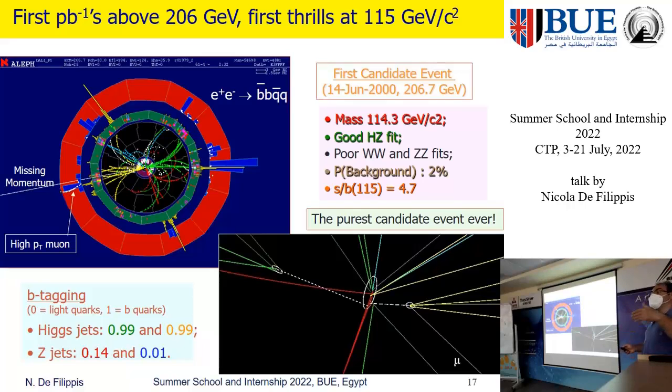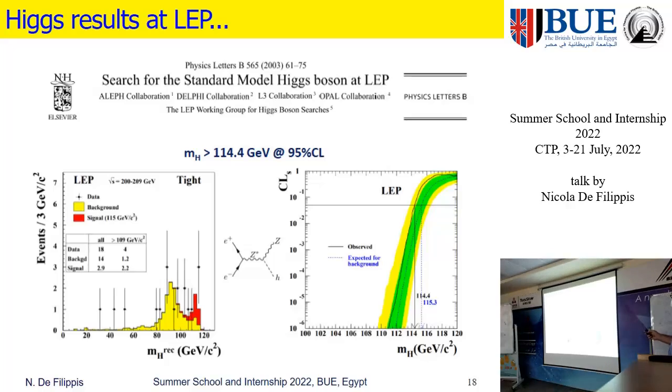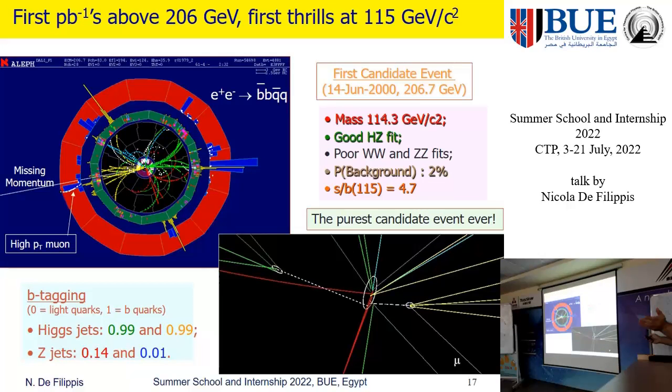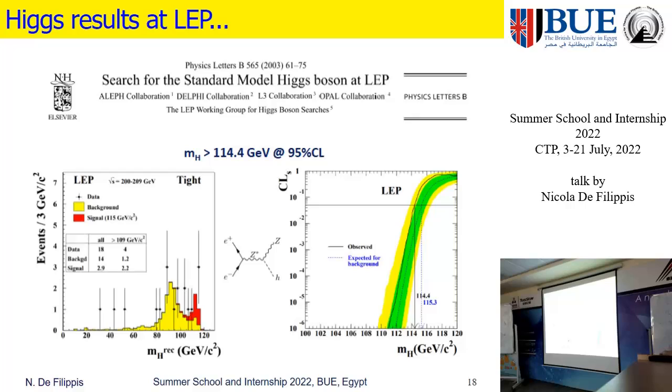So LEP was somehow getting information about the Higgs particle, even if the mass was not exactly what we learned from the LHC. Indeed, there was an excess found by the Aleph experiment that was perfectly compatible with the signal for a Higgs particle at 115 GeV.